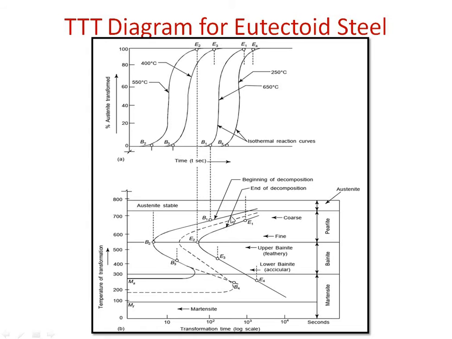Through these points, draw this first curve which indicates the beginning of decomposition or transformation. Then shift all these points which indicate the end of transformation, so that we will get all these points E1, E2, E3, E4. Through these points, draw another curve. That curve will indicate the end of decomposition or transformation.